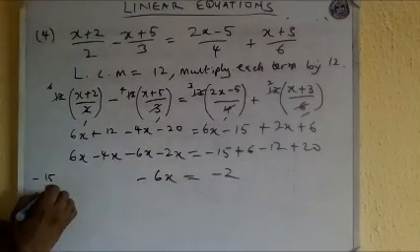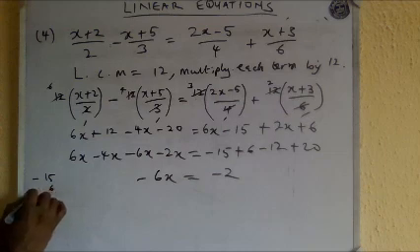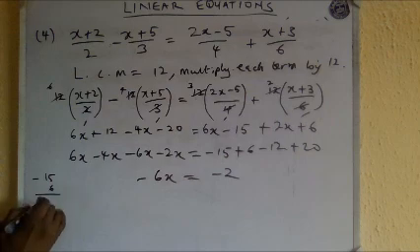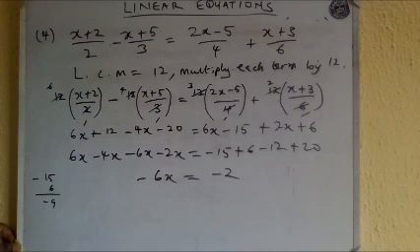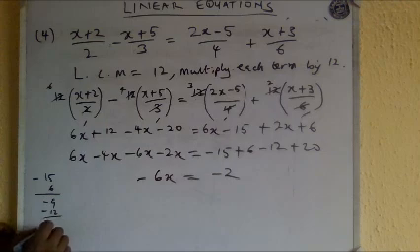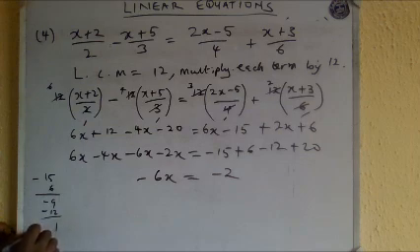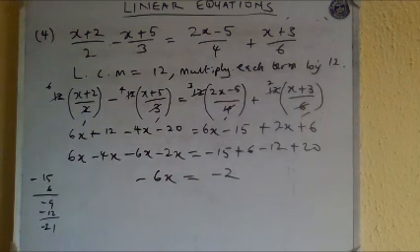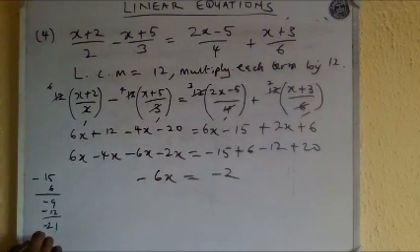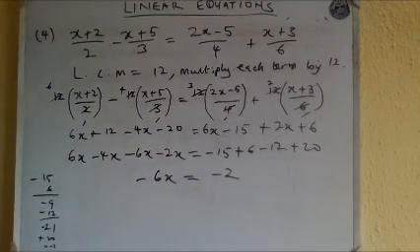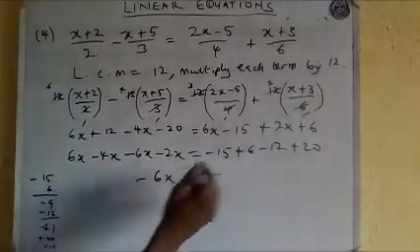Minus 15 plus 6 will give me minus 9. Minus 9 minus 12 will give me minus 21. Yes. Minus 21 plus 20 will give me minus 1. Okay, so I thought there was something wrong with this equation. So this is minus 1.